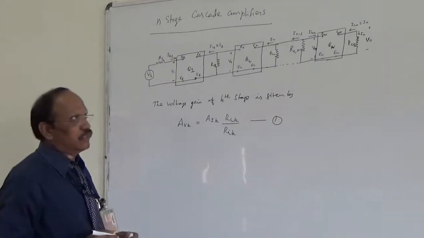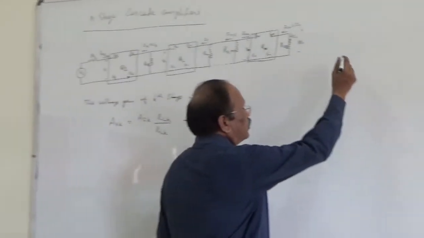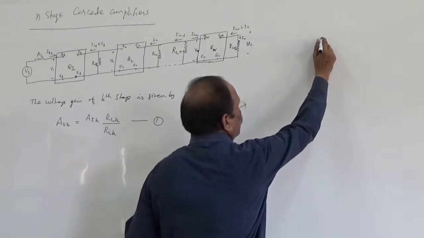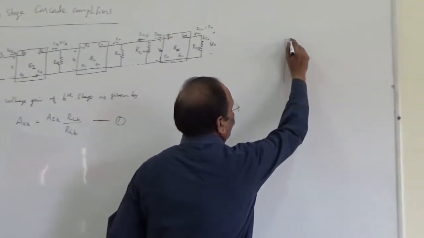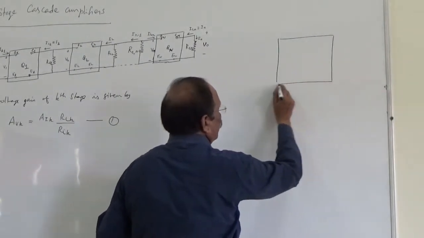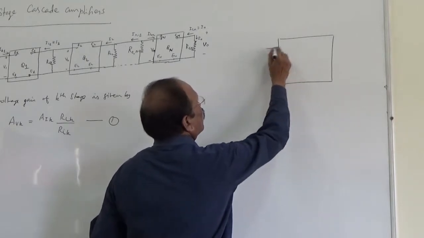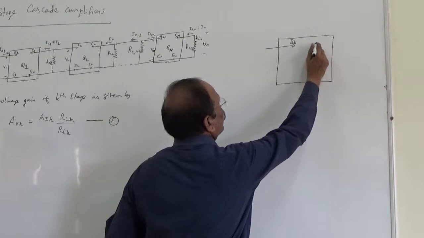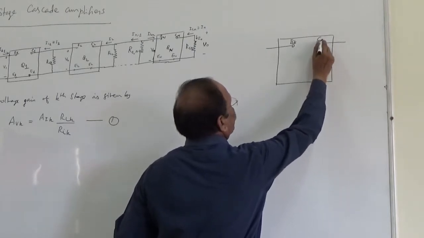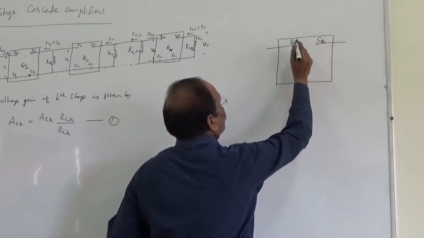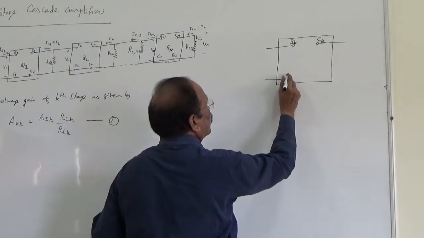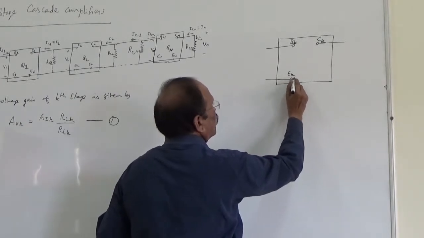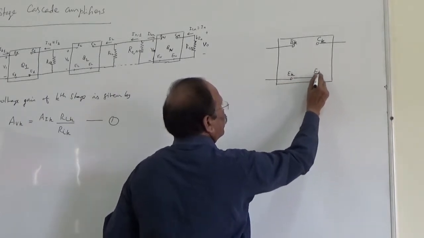Suppose I take the kth stage. Let us talk here about a kth stage amplifier separately. This is BK, CK, this is EK.